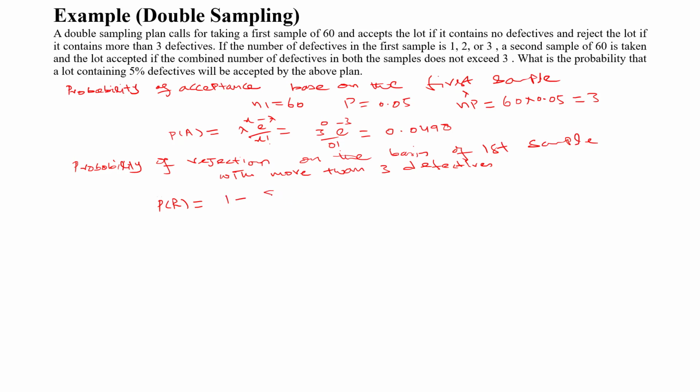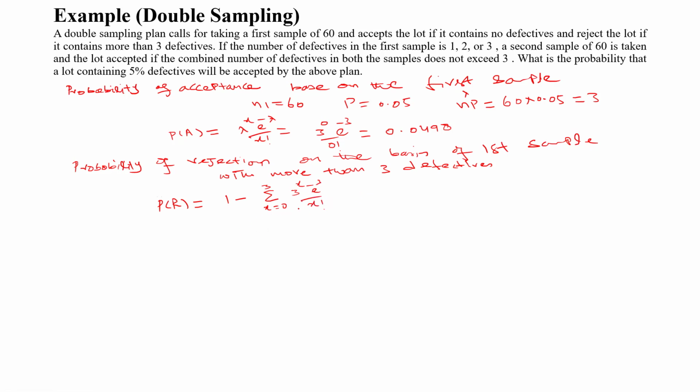So what is the accepted probability? We can write the summation from x equal to 0 to 3, because when it exceeds 3 we will reject, of 3 to the x, e to the minus 3, divided by x factorial.